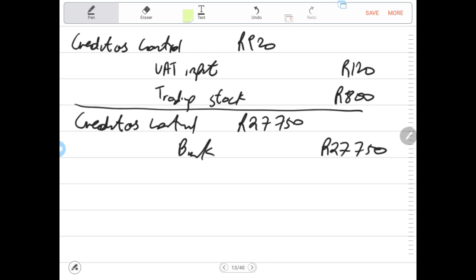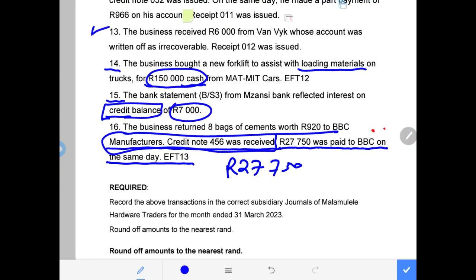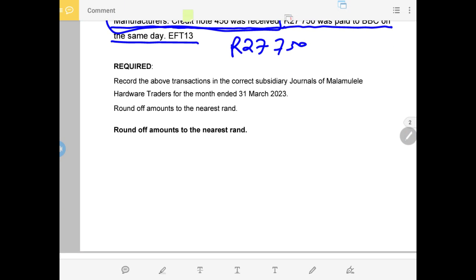27,750. Now, this is a cash payment journal. This was a creditors allowance journal, and we record it in here. Now we need to make a payment in our cash payment journal. VAT is not affected when we pay unless we are given a discount.